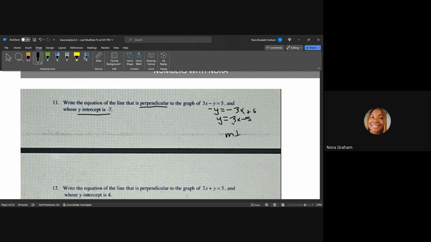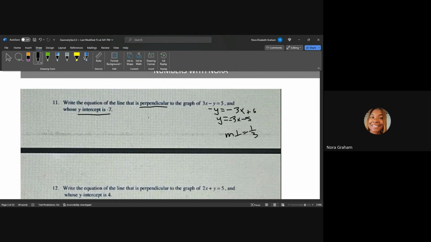We're going to have the opposite reciprocal slope. So the opposite reciprocal slope of this one, that's a negative 3 right there. Remember, sign change, so it's going to be positive. And then I want the reciprocal of 3, which is 1 over 3.